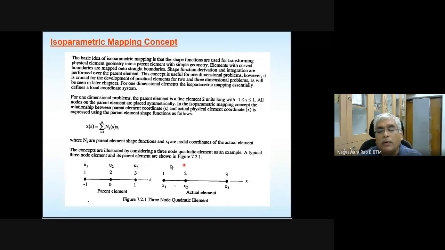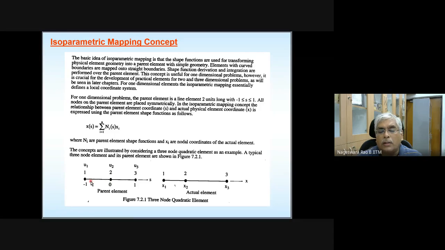This element we are going to map onto this element, where the extreme nodes coincide with s is equal to -1 and s is equal to 1, and the interior node coincides with s is equal to 0.